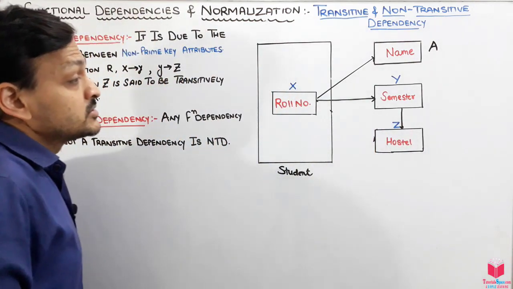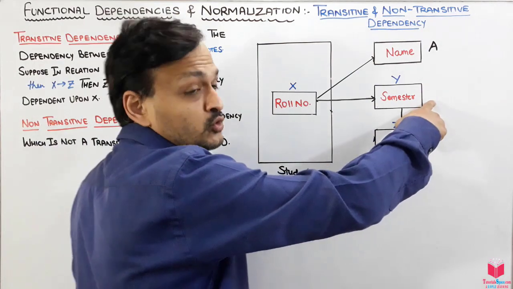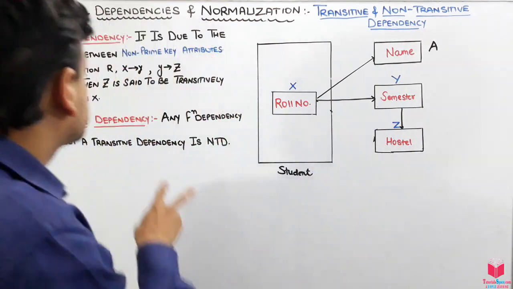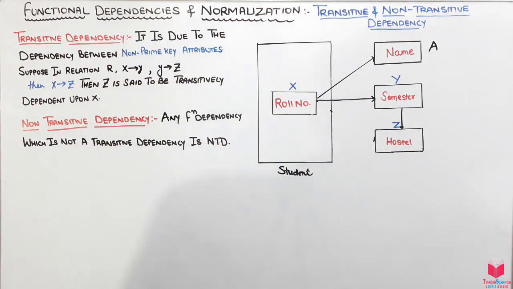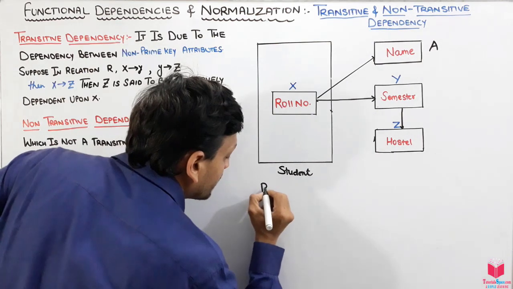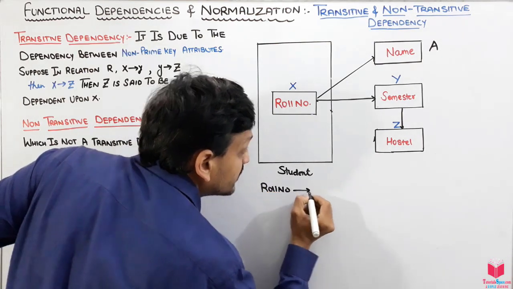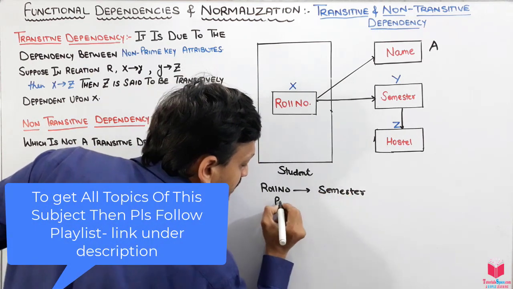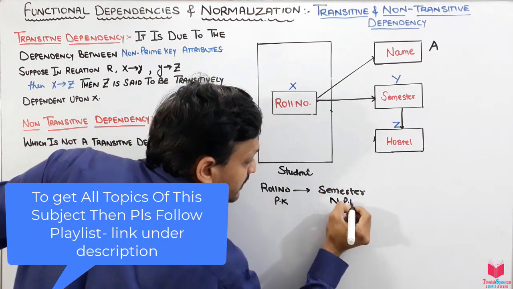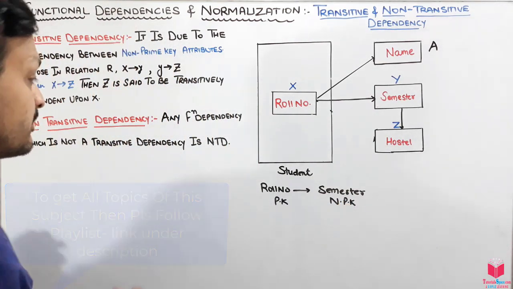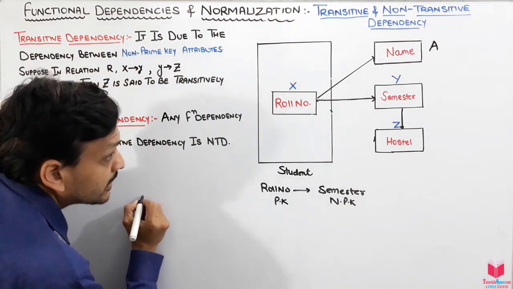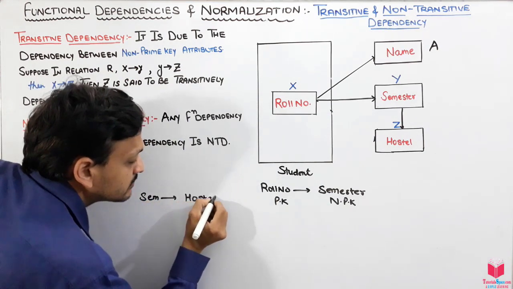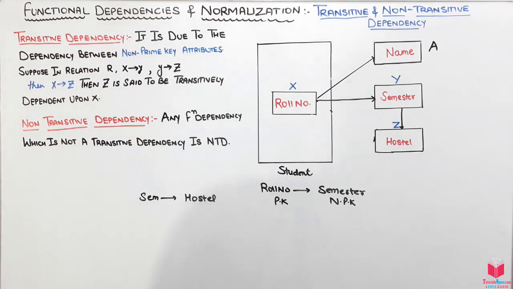Okay. So we find that these are two non-prime key attributes and this is one prime key attribute, and this relation exists between them. So we can say, see, from roll number we find the value of semester. Prime key, non-prime key attribute, we have a relation. But we also say that from semester I can find the value of hostel also.